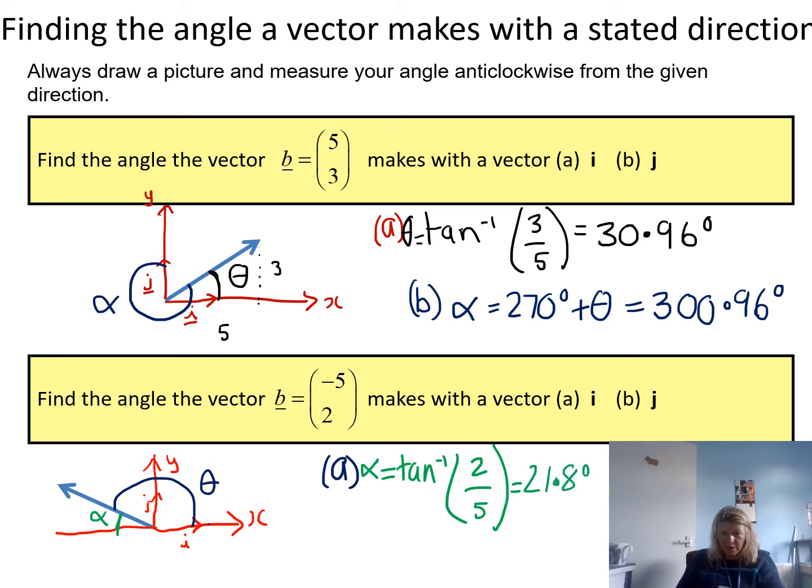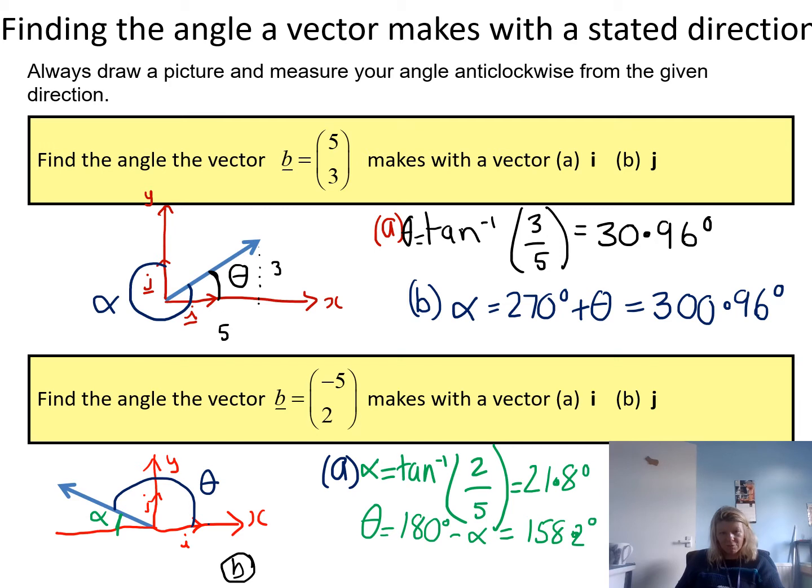And that makes theta 180 minus that, which gives 158.2 degrees.